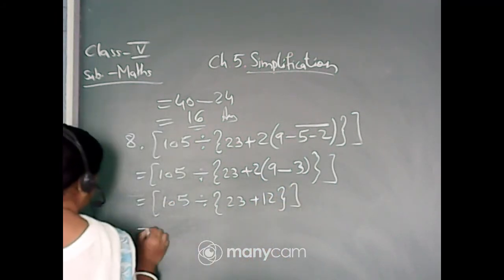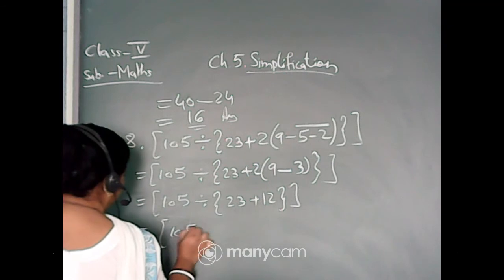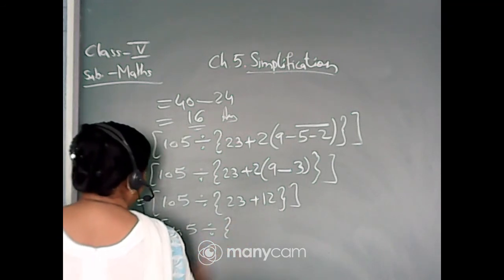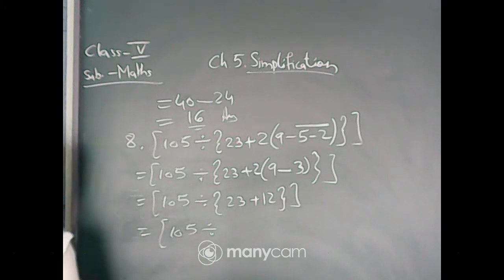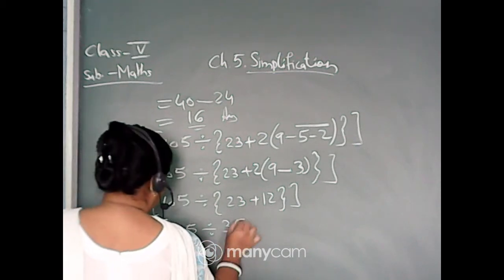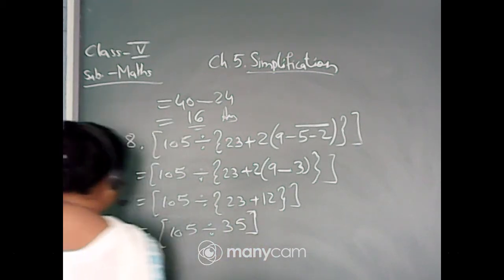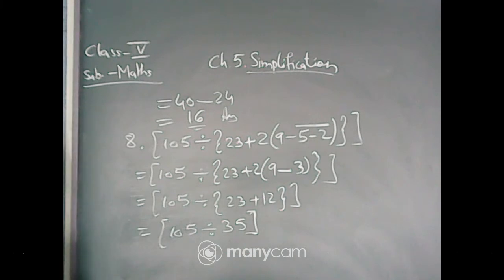105 divided by, this will be 23 plus 12, 35. Now divide it by 35. 105 divided by 35. 3 times 35 is 105.